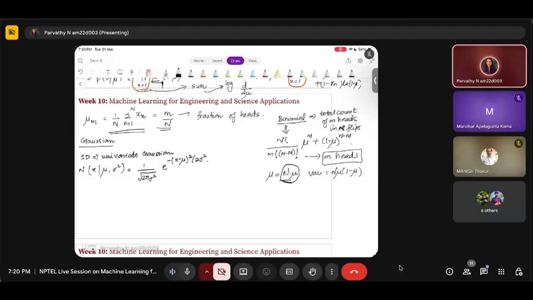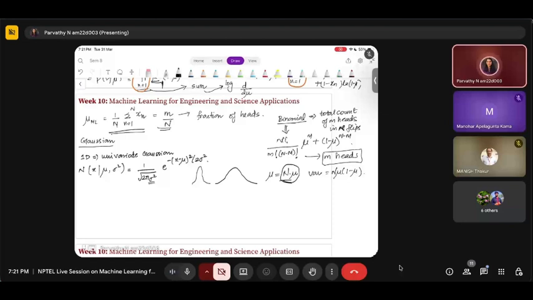So the equation of Gaussian will be given by this form, and mu is the mean, and sigma square is the variance. When you have very small variance, you will have a very narrow bell curve, and when you have a wide variance, we will have a wide bell curve.